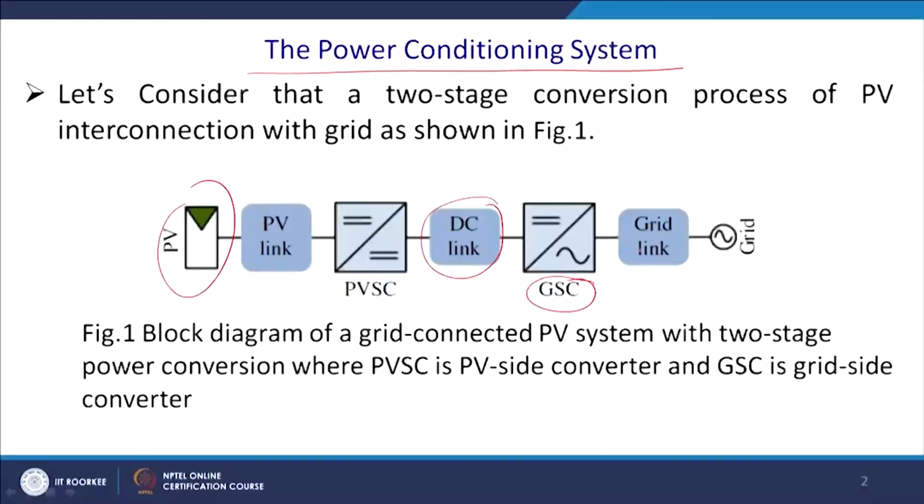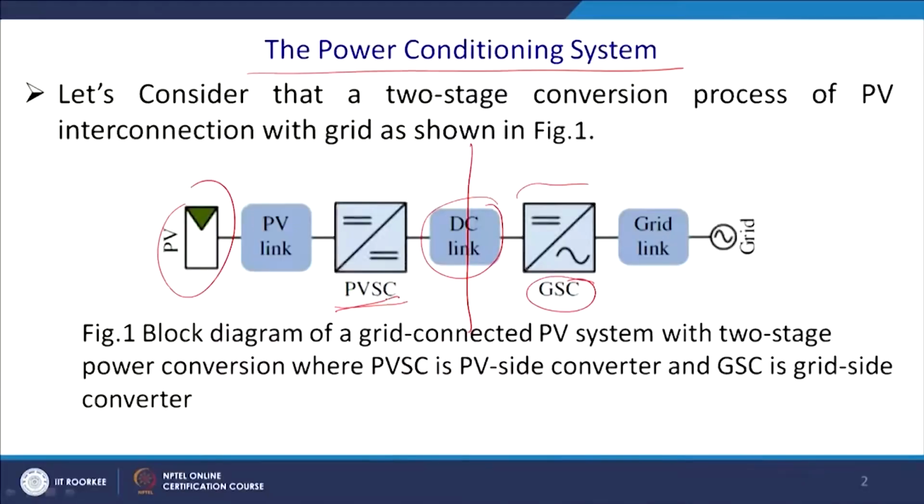The first part is your DC part, and if it is a DC microgrid, this is followed by the active power filter or active rectifier. This part is essentially a DC to AC conversion, and this is a block diagram of the grid connected PV system with two stage power conversion.